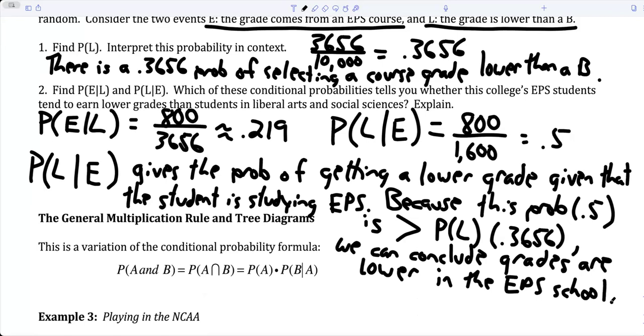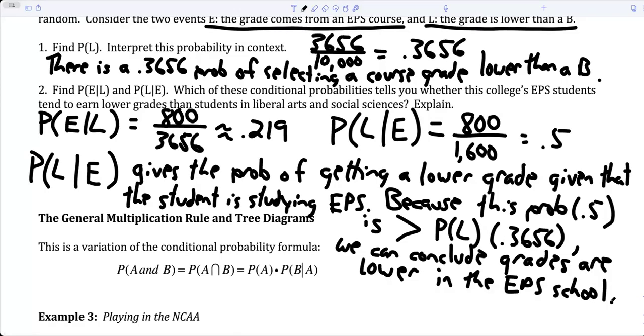So again, the overall probability of getting a grade lower than a B is like 37%. However, if you're in the EPS school, the probability that you get a grade lower than a B is exactly 50%, meaning that there are more grades lower than a B in that school than overall.